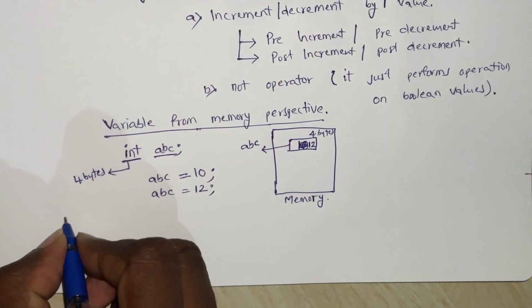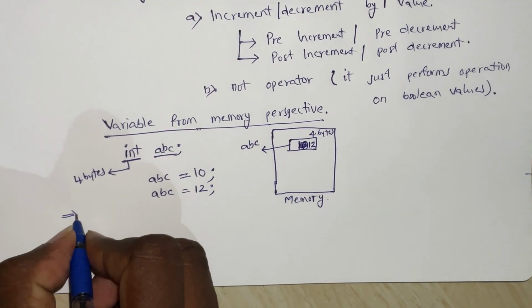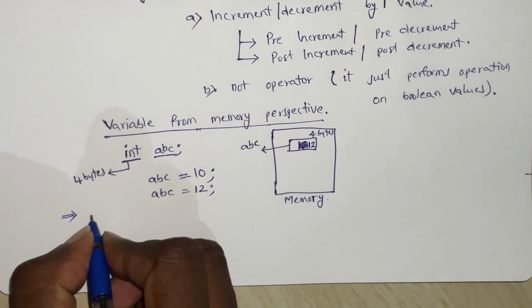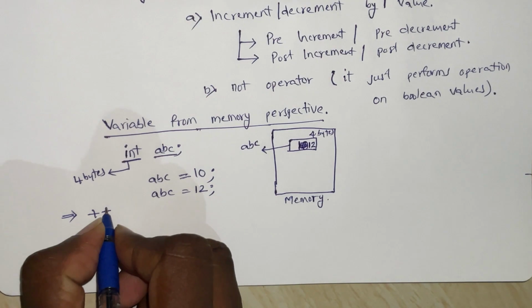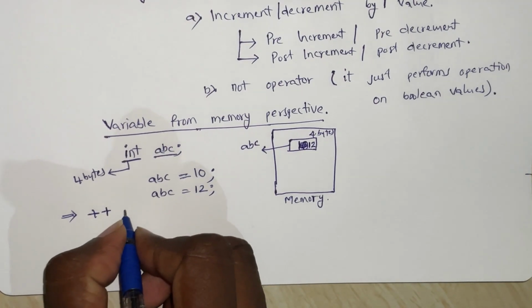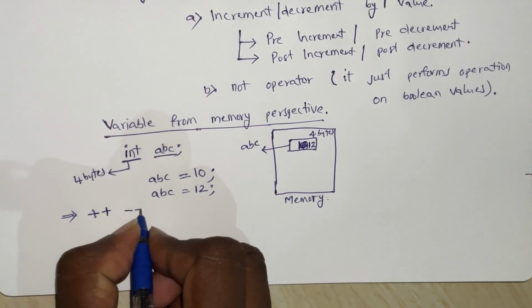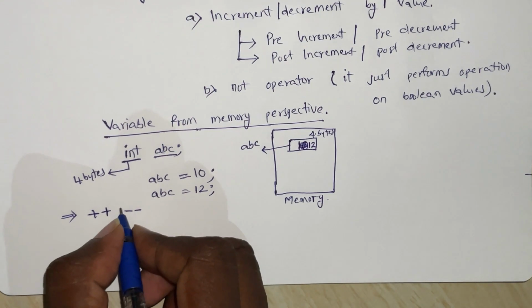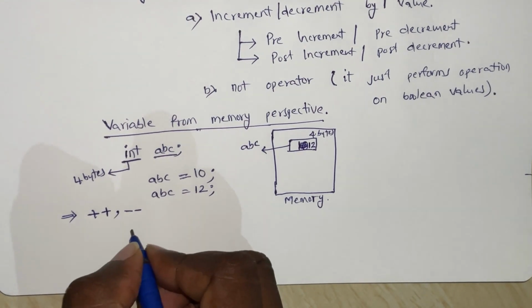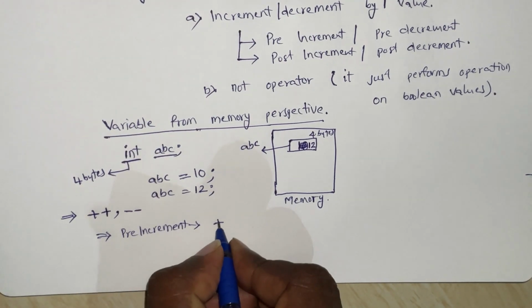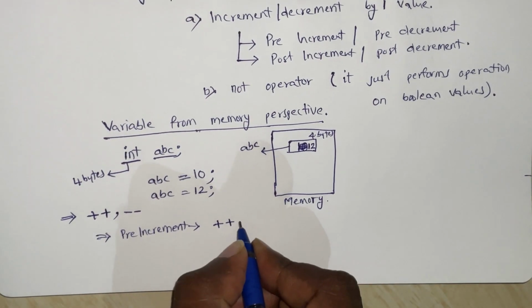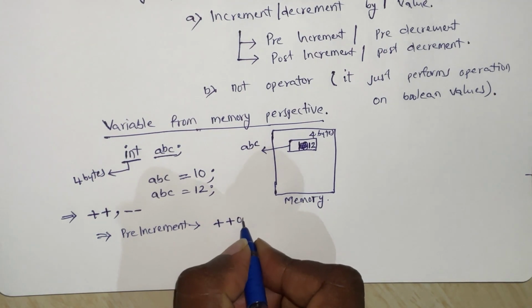Now we will learn about pre-increment and post-increment. For the increment and decrement process we use plus plus. This is a unary operator. For decrement we use minus minus, which is also a unary operator. How do we define pre-increment and post-increment? In pre-increment, the plus plus operator comes first and then the variable name, the operand.